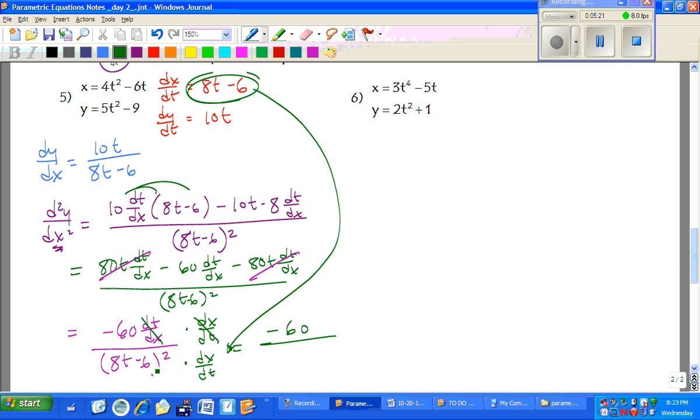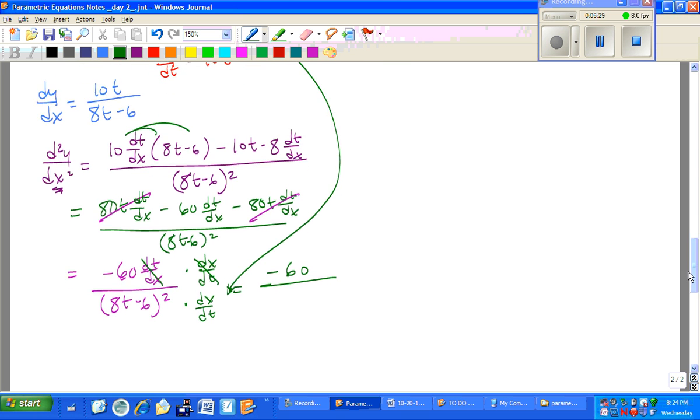And how about that? 8t minus 6 is what we had to square over here from before. So really, we've got 8t minus 6 squared times 8t minus 6. Right? That's the dx/dt. So we end up with 8t minus 6 cubed in the denominator. So that's our second derivative of y with respect to x.